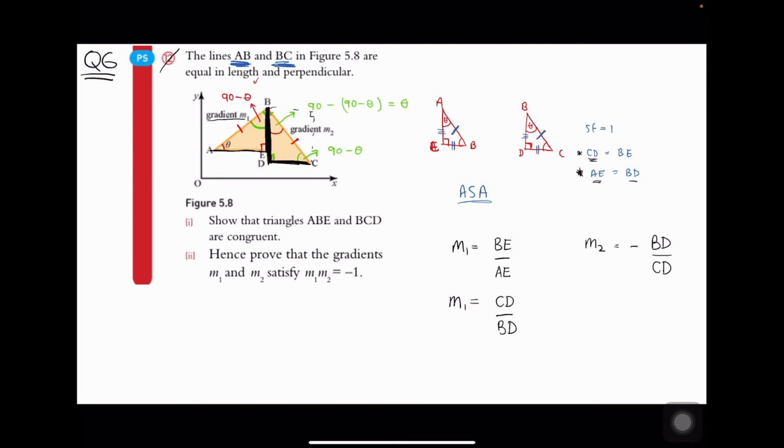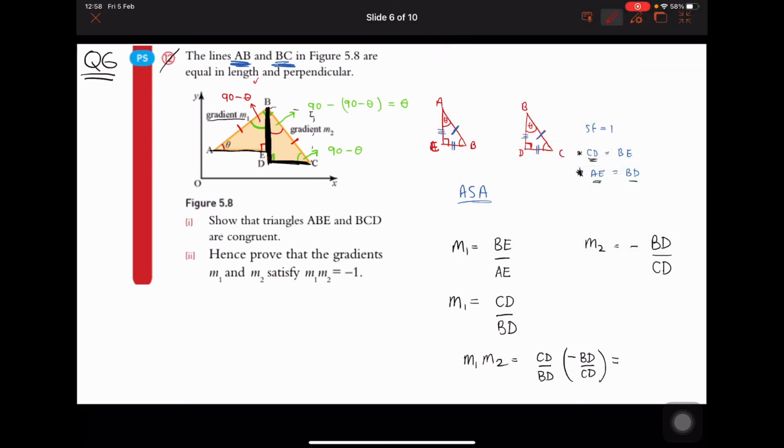And so now M1 multiplied by M2 equals CD over BD multiplied by BD over CD, which of course equals -1.